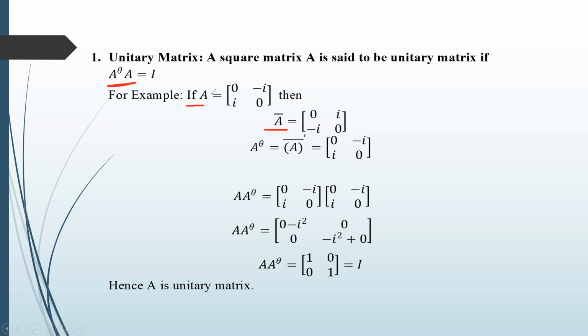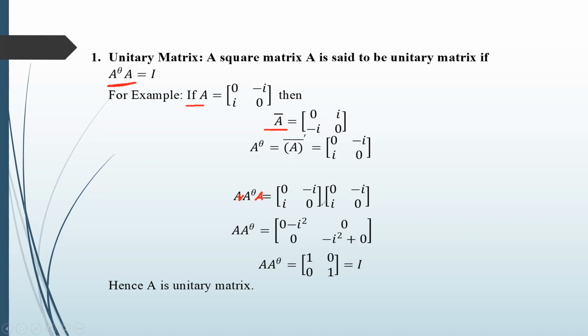Okay, now we multiply the transpose conjugate of A with A. So this is the transpose conjugate 0, i, minus i, 0, and A is 0, minus i, i, 0.